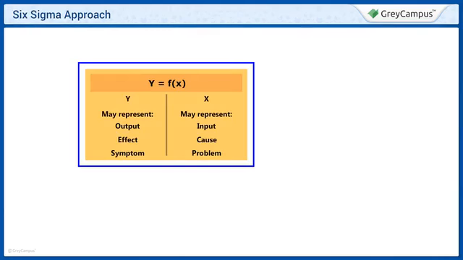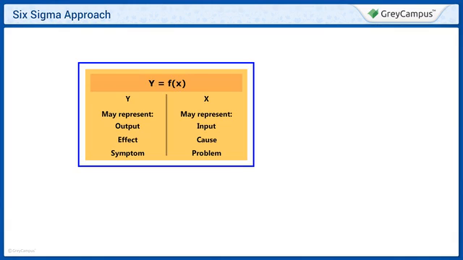Let us examine the nature of the Six Sigma approach or thinking. The DMAIC methodology of Six Sigma states that all processes can be defined, measured, analyzed, improved, and controlled. These terms represent the phases of the Six Sigma process.